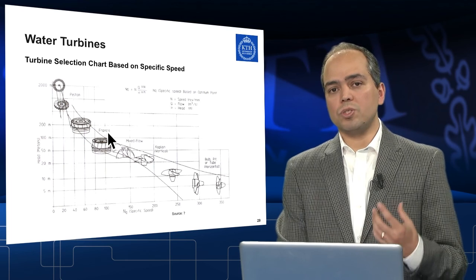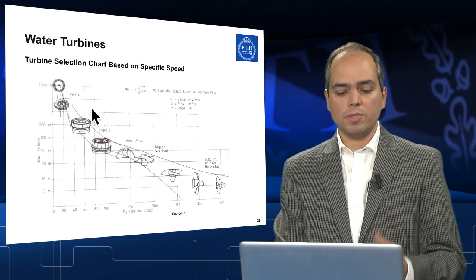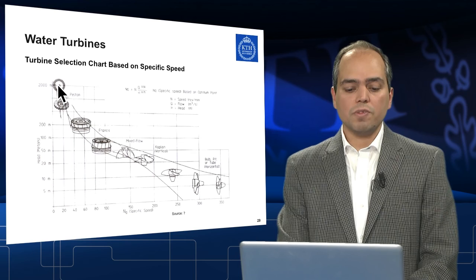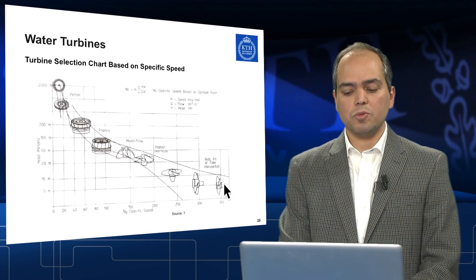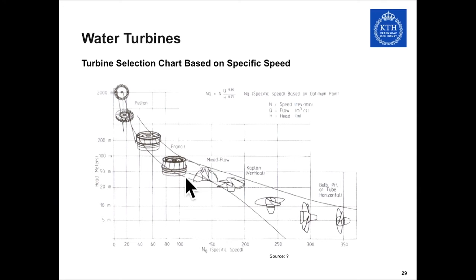It's not related to size, it's related to geometry. So you can see that we are moving from the impulse turbine, which is suitable for high head, toward lower heads, and then changing the geometry toward this bulb turbine. So we can see the Francis turbine, which is in the middle range of the specific speed, dominates the larger part of this chart.